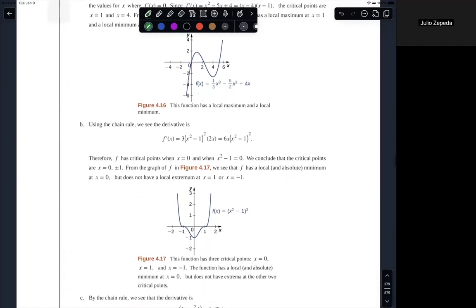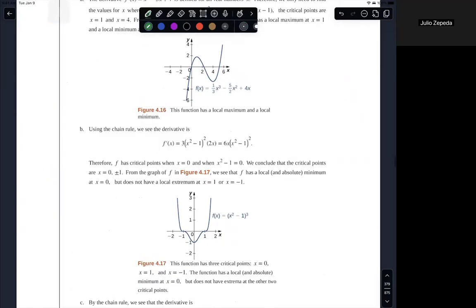Okay, so for part B, we can see it says this function has three critical points. Okay, we found them, x equals 0 and plus or minus 1. The function has a local and absolute minimum at x equals 0. So we can see that, but does not have local extrema at the other two critical points.